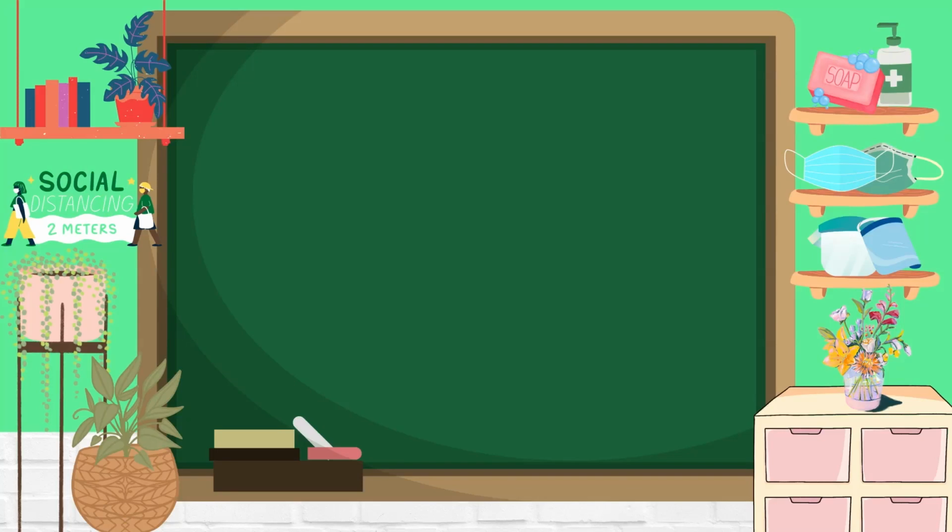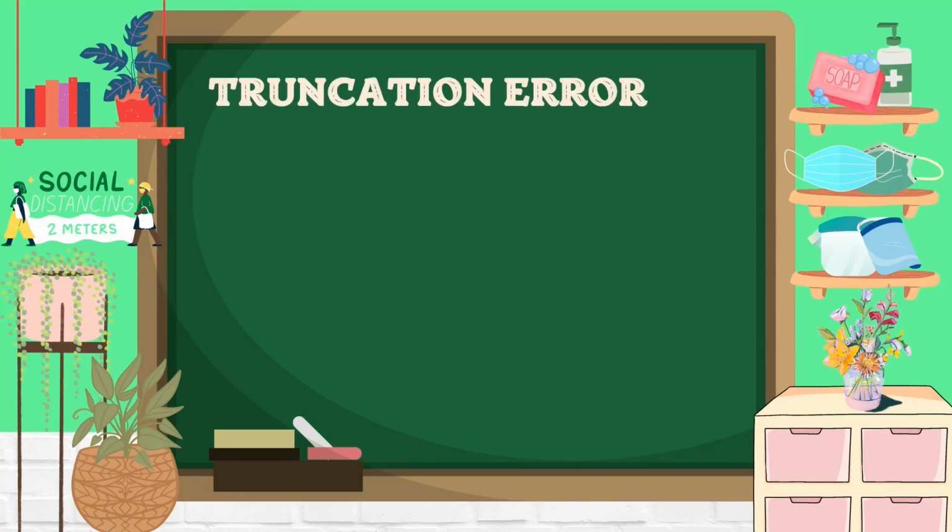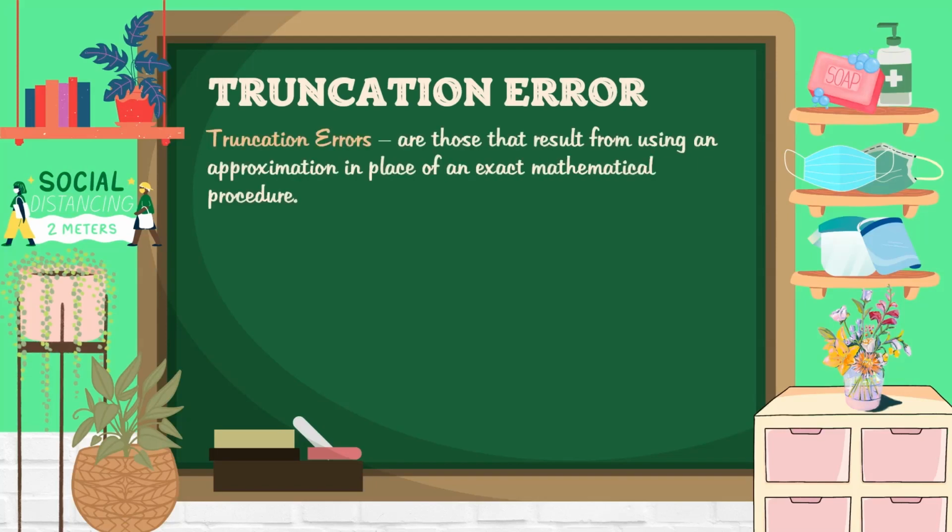Continuing with our discussion, so we will now move to truncation error. So, truncation errors are those that result from using an approximation in place of an exact mathematical procedure. In order to gain insight into the properties of such error, we now turn to a mathematical formulation that is used widely in numerical methods to express functions in an approximate fashion, the Taylor series.